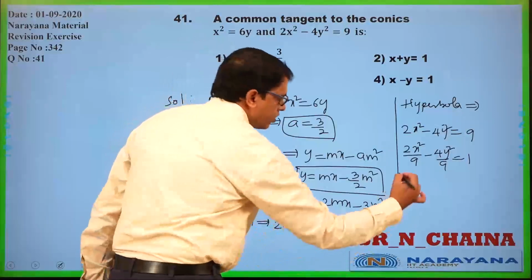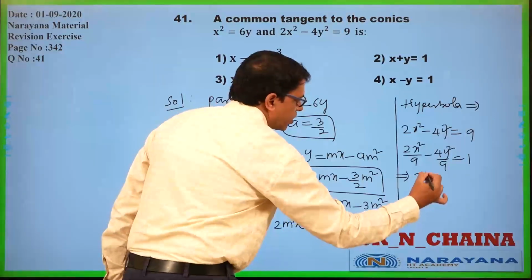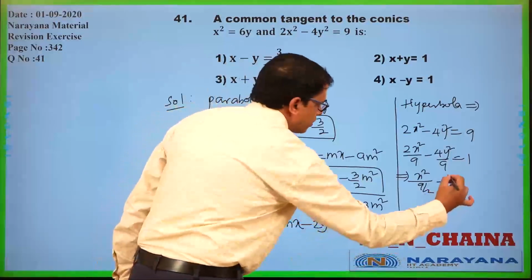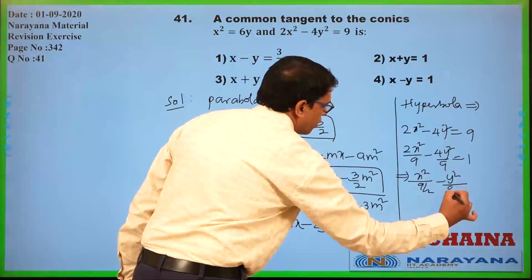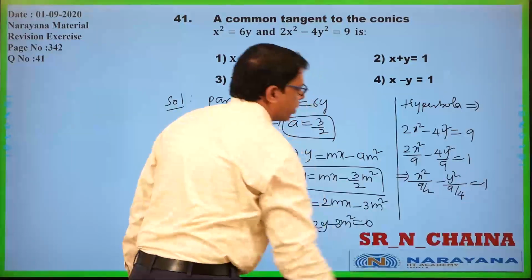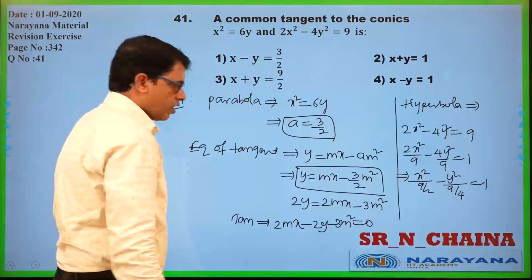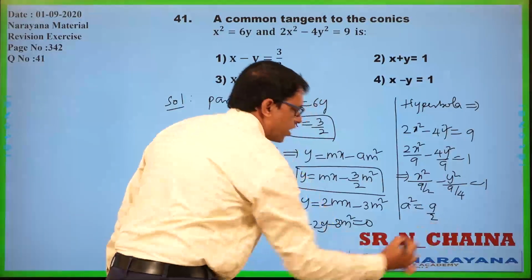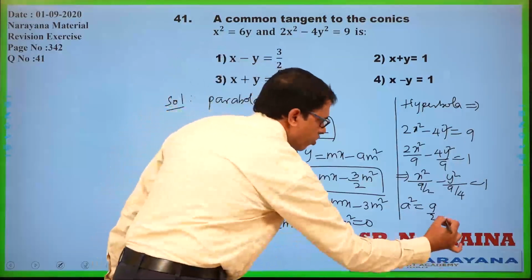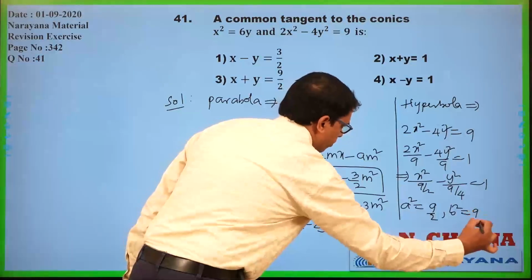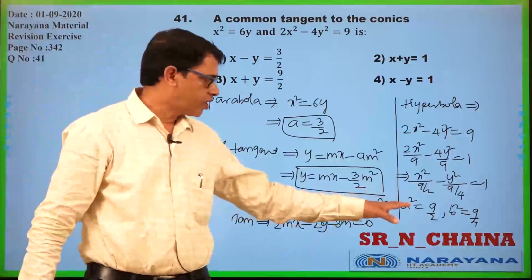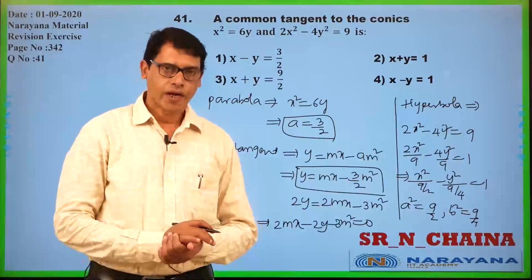So the standard form will be x square upon 9 by 2 minus y square upon 9 by 4 equal to 1. So we have the value of a square equal to 9 by 2, b square equal to 9 by 4.